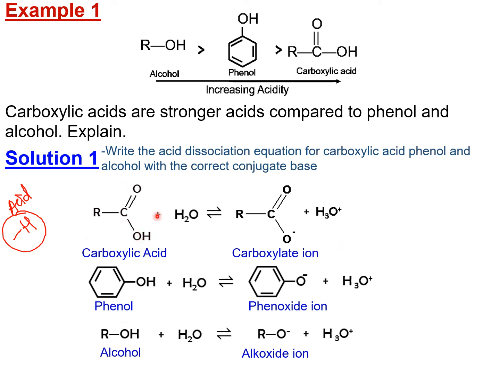Contohnya carboxylic acid, kita kena let go the proton between this oxygen dengan hydrogen untuk dia menghasilkan carboxylate ion. Kalau phenol pula dia akan lose proton between this oxygen dengan hydrogen untuk menghasilkan phenoxide ion. Kalau alkohol pula dia akan lose the proton between this oxygen dengan hydrogen untuk menghasilkan alkoxide ion.